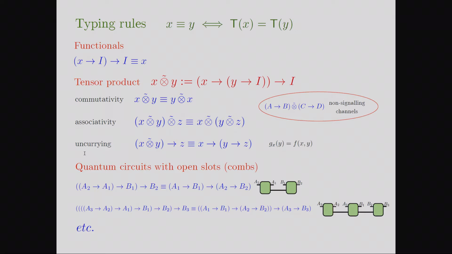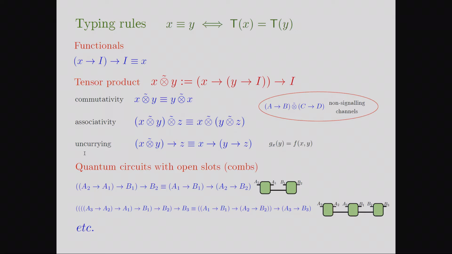We see, for example, that we can introduce a notion of a tensor product between these higher order maps, which is defined in terms, of course, of the elementary operations that we have, but still behaves as a tensor product, commutative, associative. And you also have some carrying identities. Here, identity between types means that you have different labels, but they identify the same set of mathematical operators.